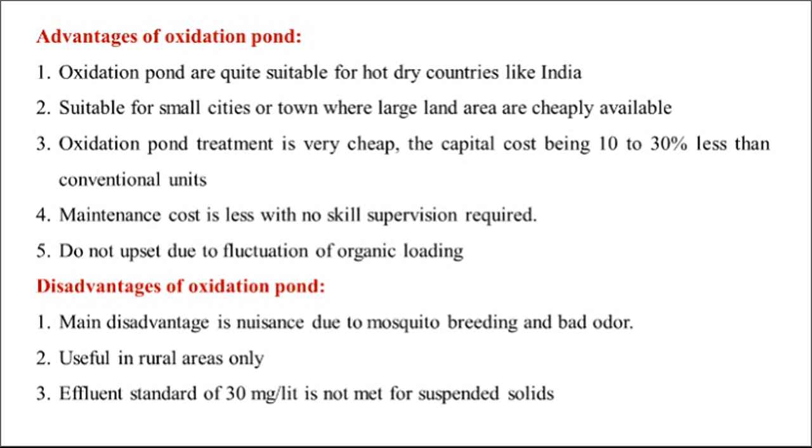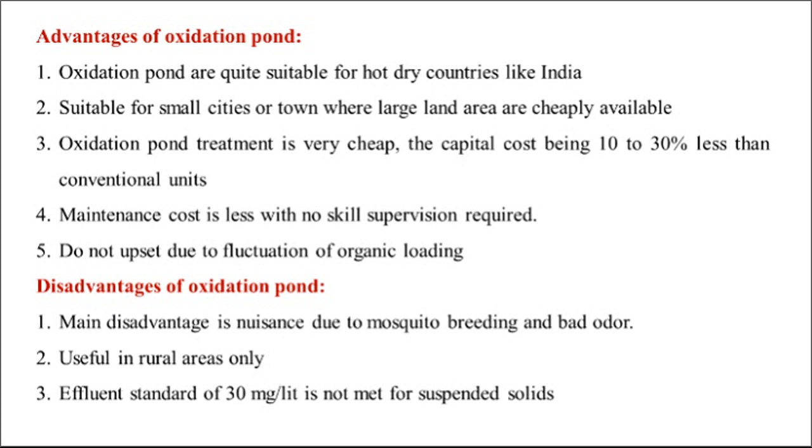And the disadvantages are: the main disadvantage is nuisance due to mosquito breeding and bad odor. Next, useful in rural areas only. In city areas we can't use this pond due to the cost of the area. At the same time there may be chances of spreading of bad smell.